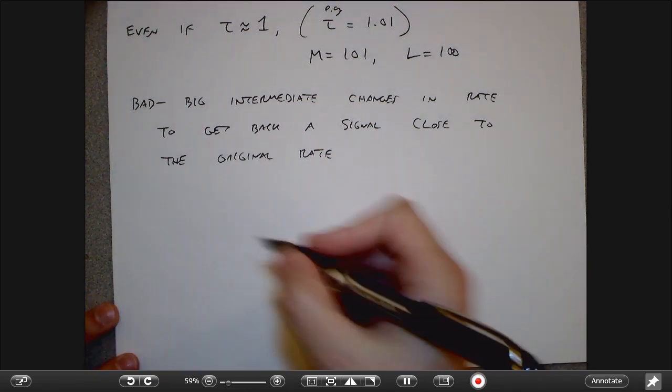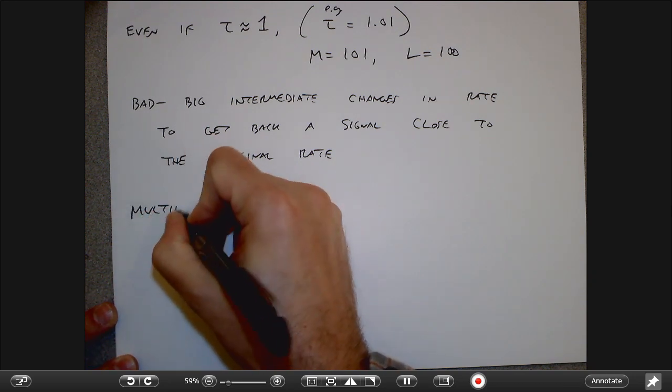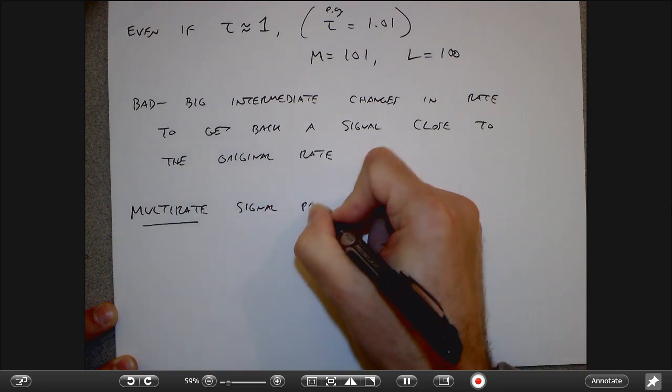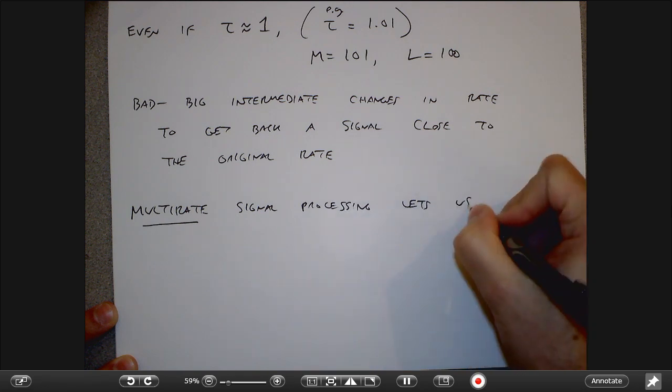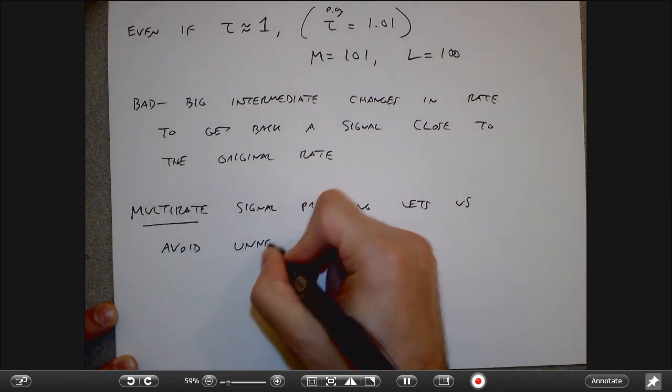So, multi-rate signal processing lets us avoid unnecessary computations.